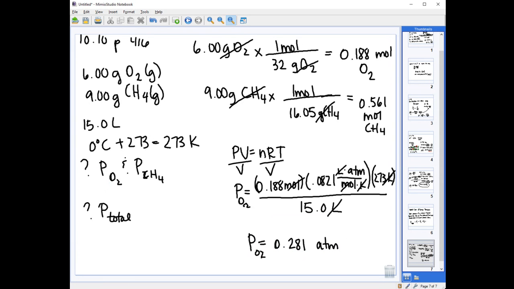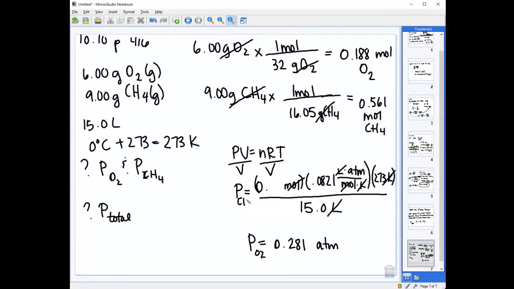Okay, I'm going to do the same thing for CH4. I'm going to rework the whole problem and solve for CH4. Since I'm running out of room, I'm just going to do it in my same little spot here and replace my numbers, but of course you would work this out separately.